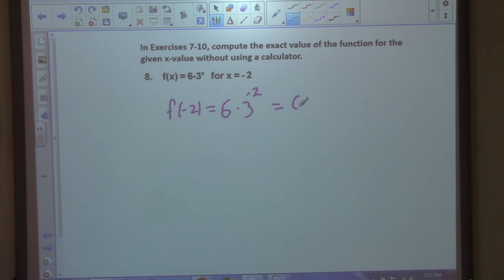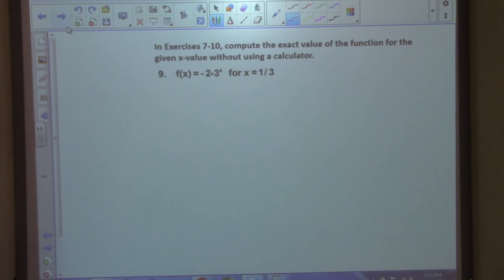So it's going to be 6 times 1 over 3 squared, equals 6/9, which further simplifies. Is that pretty simple? Okay.